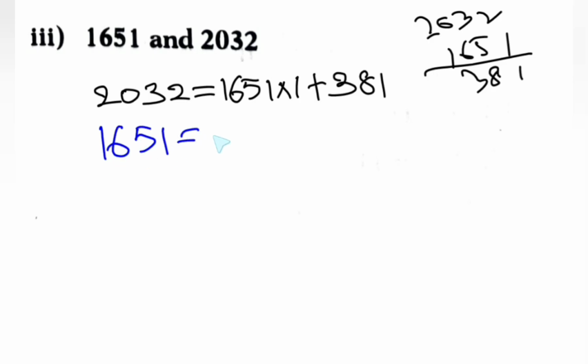1651 is equal to 381 into 4 times, because 1600 is there. 381 times 4: 4 ones are 4, 4 eights are 32, and 4 threes are 12, plus 3 is 15, so the remainder is 127.